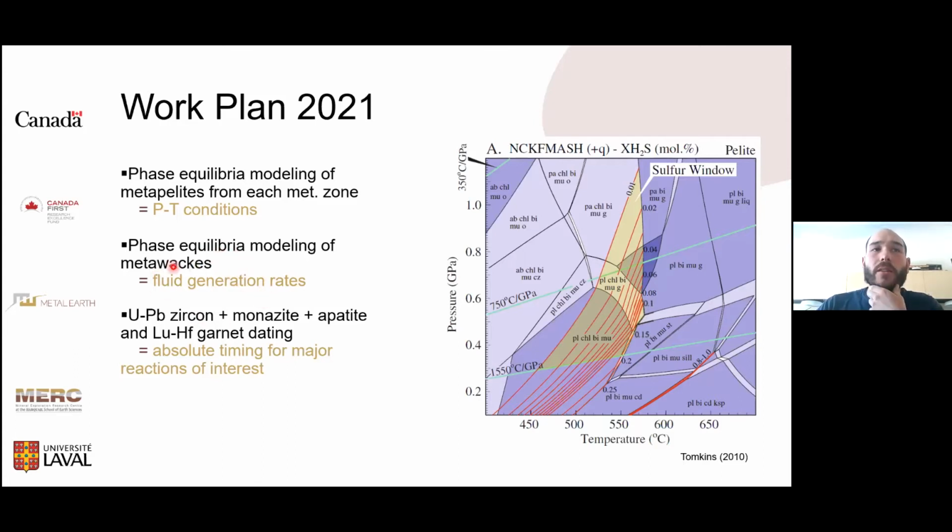We're going to get a really good idea of the volume of fluid generated, and when and where in PT space. We're also going to try to interpret the U-Pb zircon, monazite, and apatite dating and the Lu-Hf garnet dating, which is going to give us an absolute timing of the major reactions of interest.